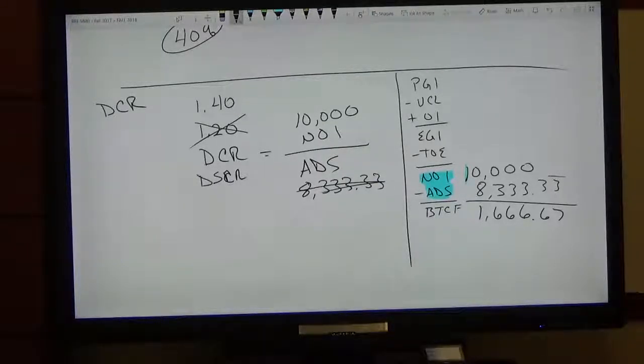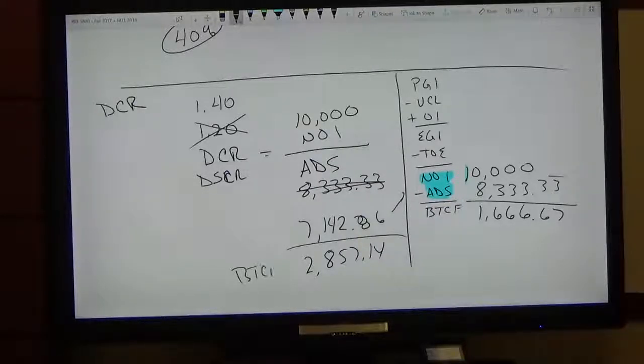Well, doing the math on that, 10,000 divided by 1.4, yep, 7142.86. So obviously we'll just be replacing that number there, and then our before tax cash flow is 2857.14. Okay, does that make sense?